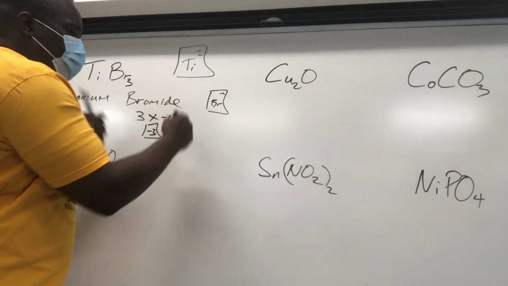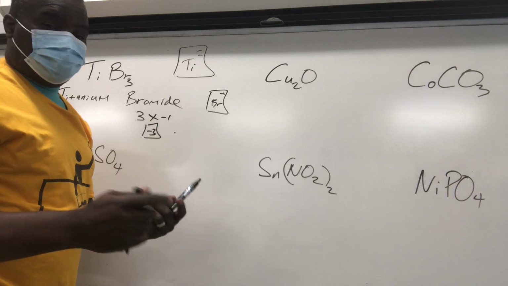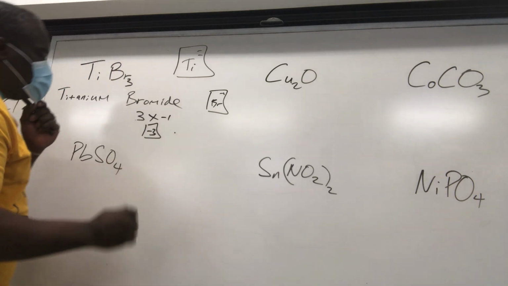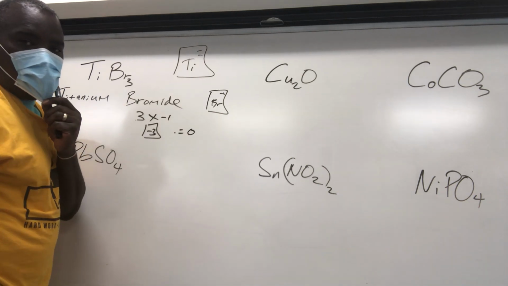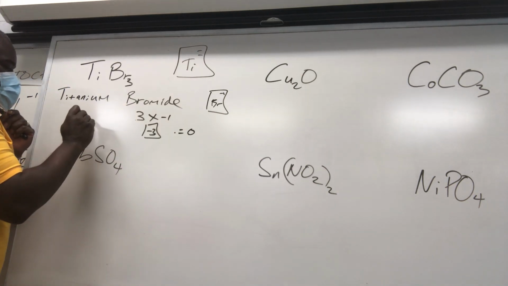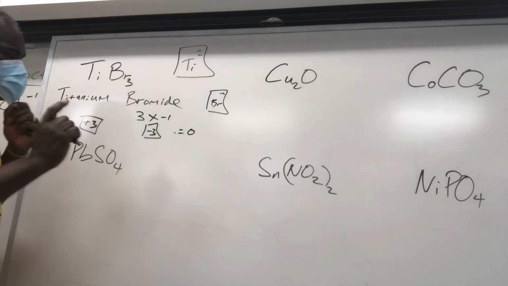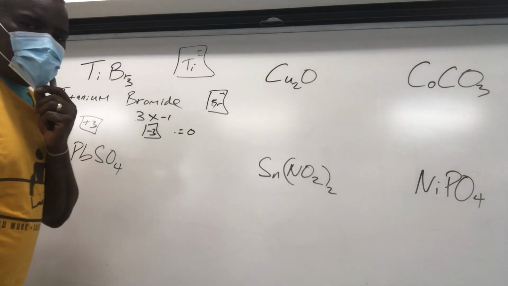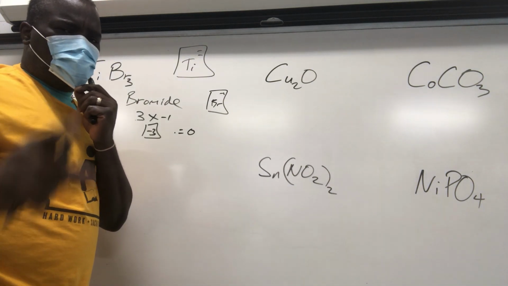Since these compounds, remember the crisscross method, we're trying to get these to be neutral. So what plus -3 gives us 0? That will be +3. Now here's the deal, guys. When you're doing the Roman numerals, it's always representative for one metal ion.